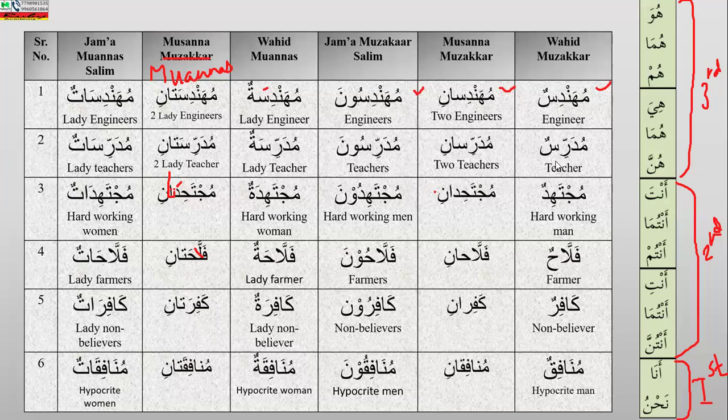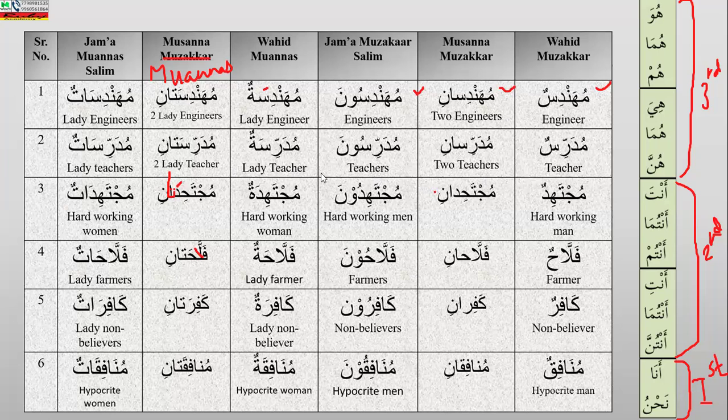Huwa mudarrisun. Huma mudarrisani. Hum mudarrisuna. Hiya mudarrisatun. Huma mudarrisatani. Hunna mudarrisatun. Anta mudarrisun. Antuma mudarrisani. Antum mudarrisuna.